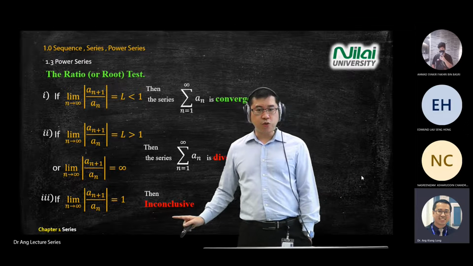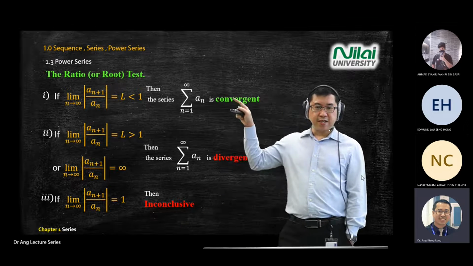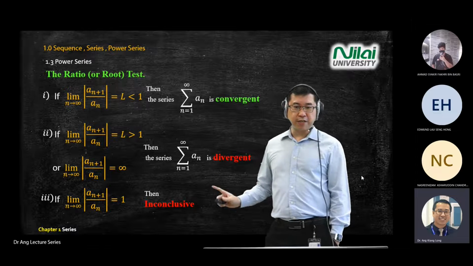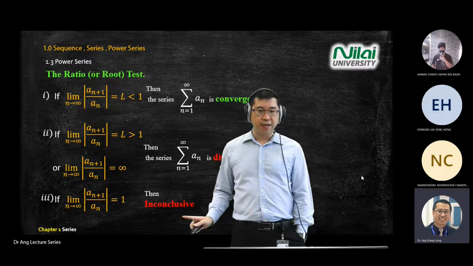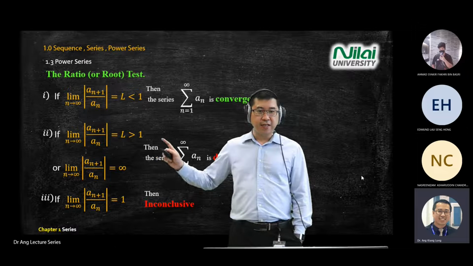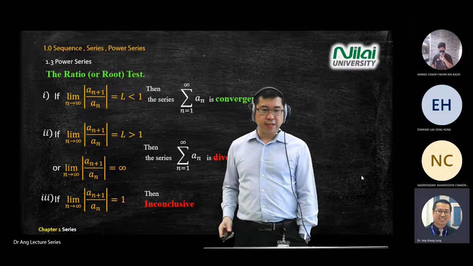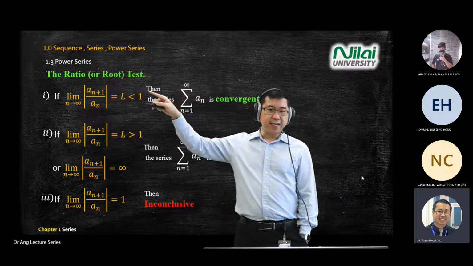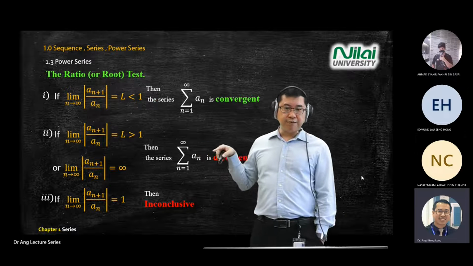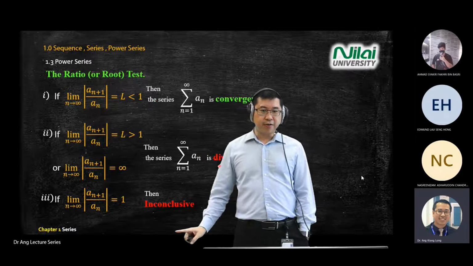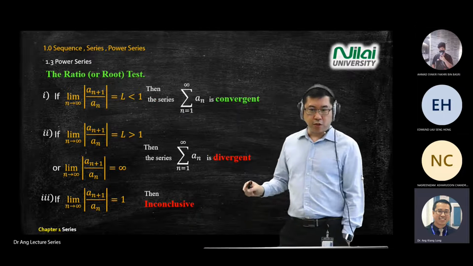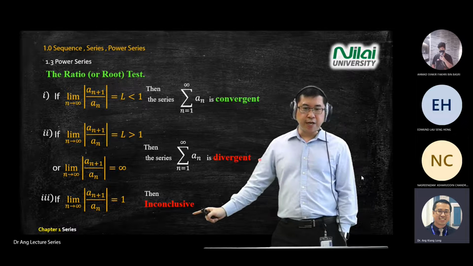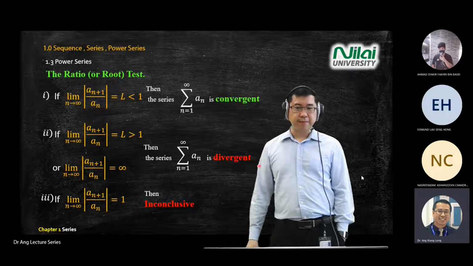There is no conclusion whether it is convergent or divergent. It depends on the equation that you see in the power series. So there are 3 conditions under the root test: either it's convergent, divergent, or inconclusive, meaning you're not sure whether it's convergent or divergent.